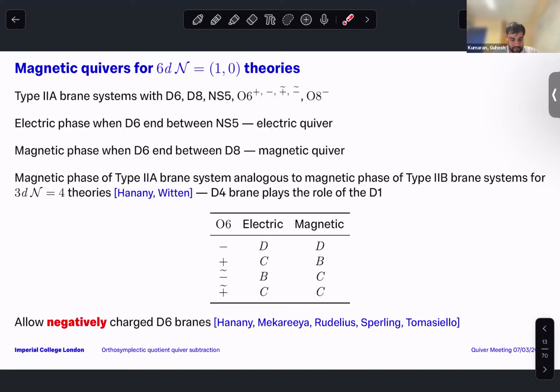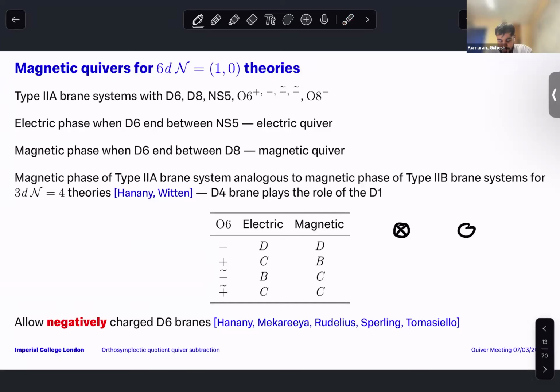Okay, one additional point we'll make here is that we will allow for negatively charged D6 branes. So this is a formal thing which we will use in order to derive some magnetic quivers. I'll just write something here.